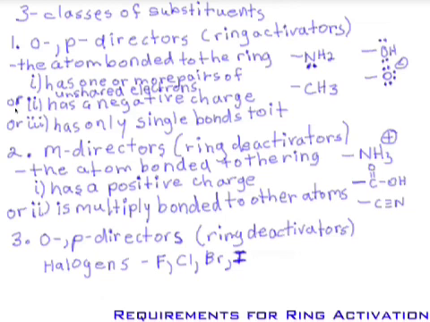If I want the electrophile to be more attracted and come in faster to a ring, the electron density in the ring must increase. You might look at these activators and say, how do nitrogen and oxygen increase electron density when they are electronegative atoms? Well, let's take a closer look at that.